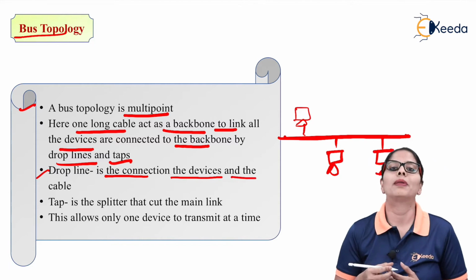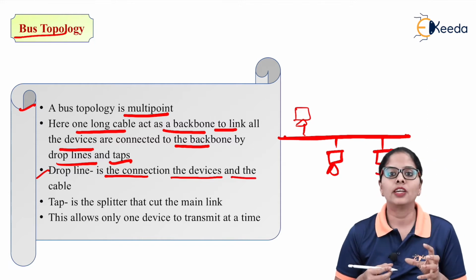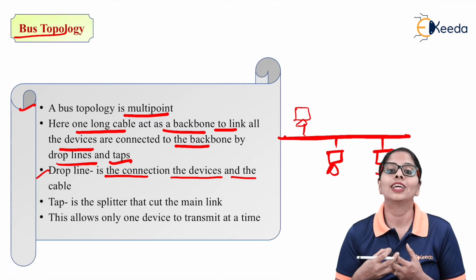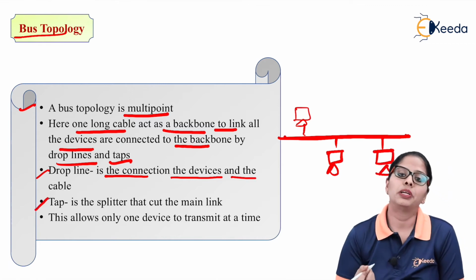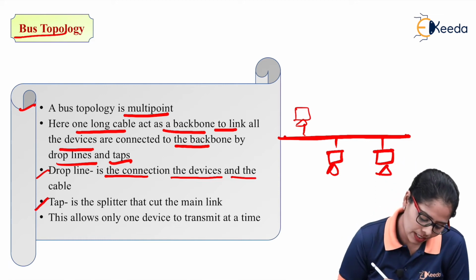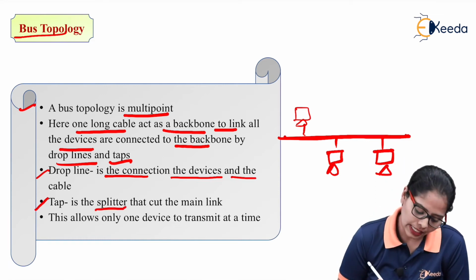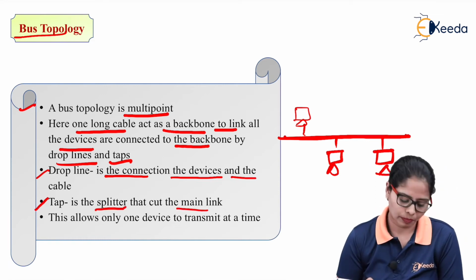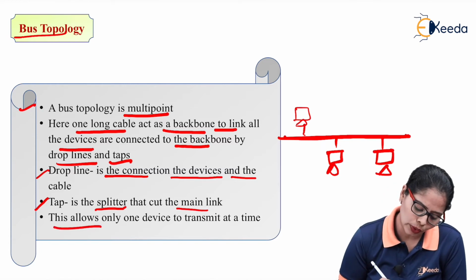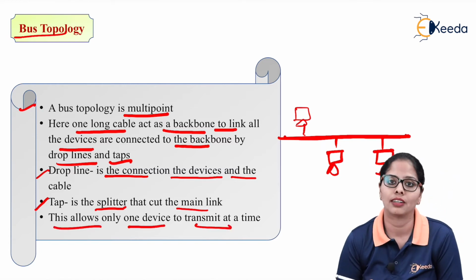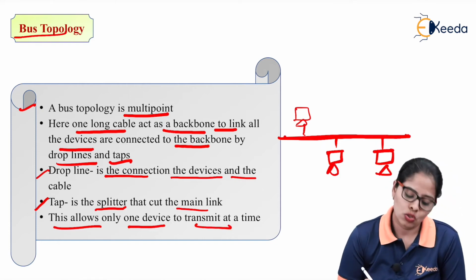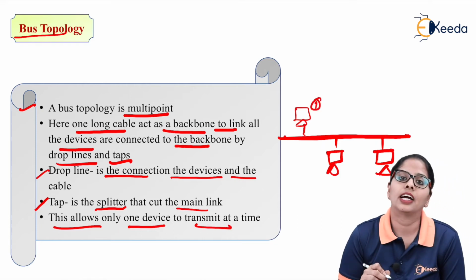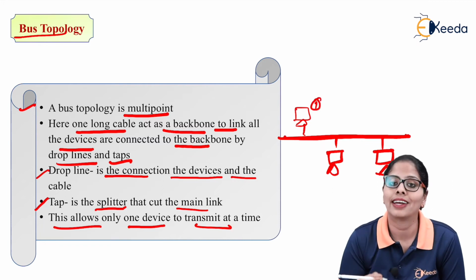The device is connected to the link with the help of the drop line. Next, what is meant by the tap? The tap is nothing but a splitter that cuts the main link. This allows only one device to transmit at a time. As this is a shared medium, only one device at a time can send traffic.